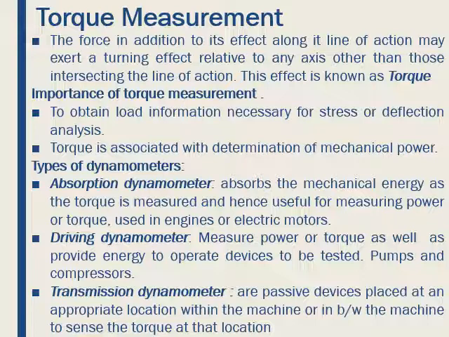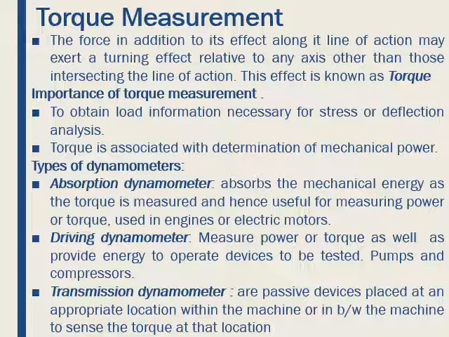The third one is driving dynamometers. These are dynamometers used to measure power or torque as well as provide energy to operate the devices to be tested, generally pumps and compressors. Here, the power producing or absorbing device whose power is to be measured is coupled with an electrical generator or electric motor.